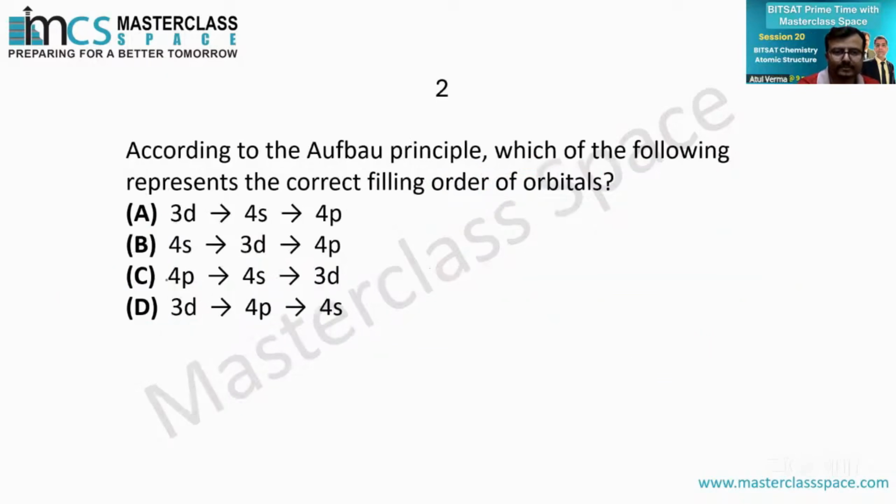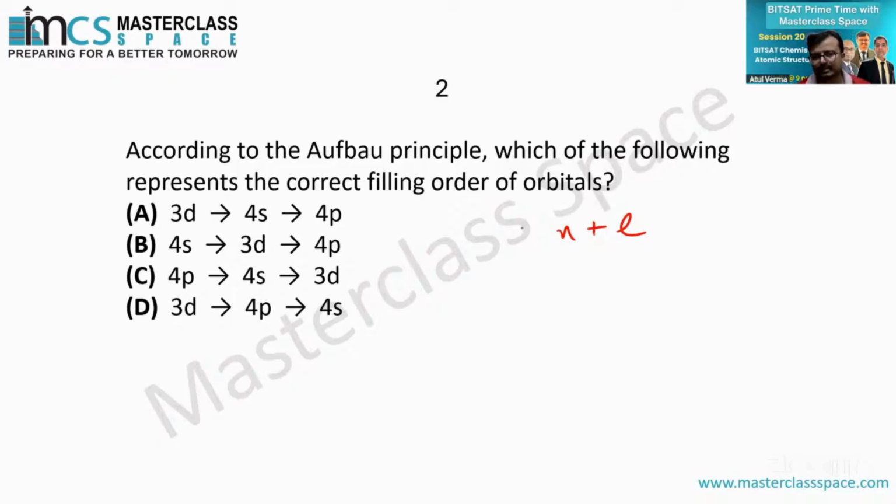Let's move to next. According to Aufbau principle, which of the following represents the correct filling order of orbitals? So of course, my friends, I hope all of you are aware, we have to see two things, n plus l as the priority. Wherever n plus l is lowest, that orbital will get filled first.